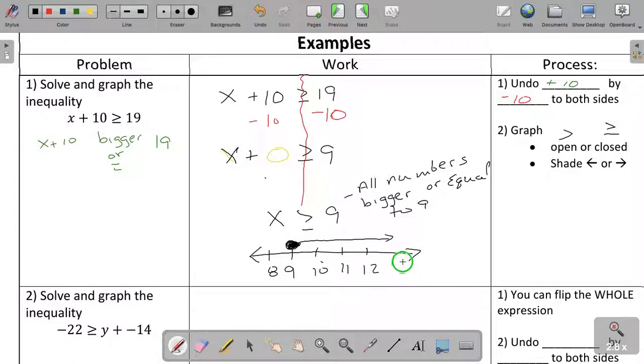Any number under the arrow is a solution.